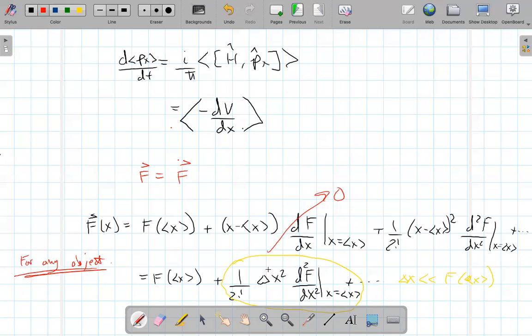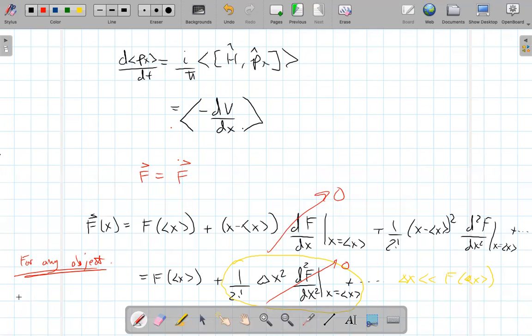As long as this uncertainty is much, much less than the force itself, this term goes to 0, which means the force is equal to the force at the expectation value. As long as that is true, then the rest is true.